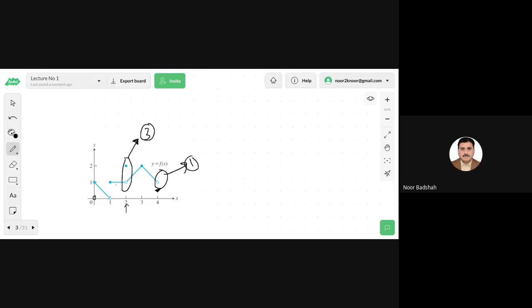If we have a hole, in that case, the discontinuity will be either because of condition number 1 or condition 3. And if we have a jump, then discontinuity will be because of condition number 2. You must learn these things to decide about continuity at any point. I hope it is clear to everybody now.